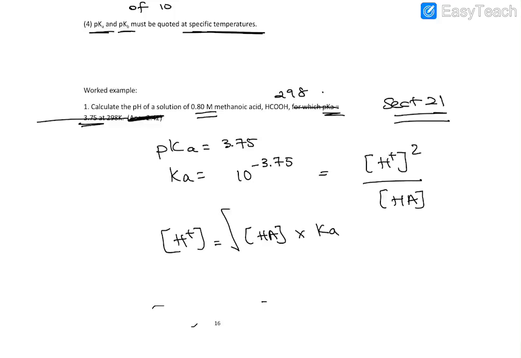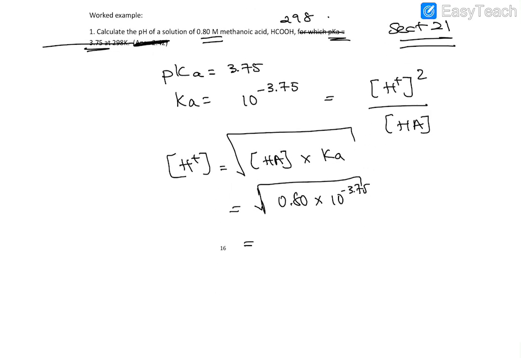And then from the H plus you can get the pH. So pH is minus log of concentration of H plus. So if you do this, you should get the pH of 1.92. So you can move on to the next question.